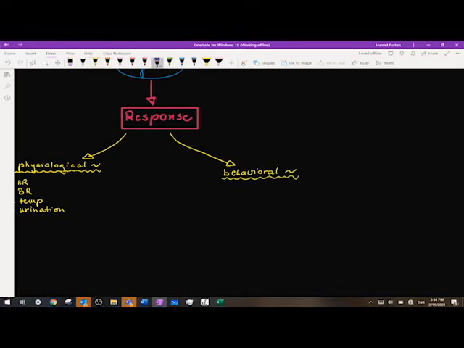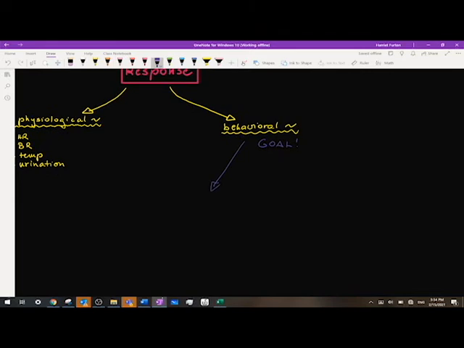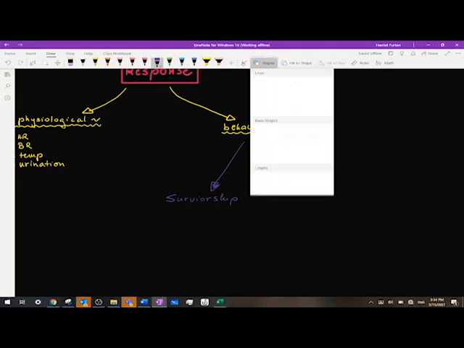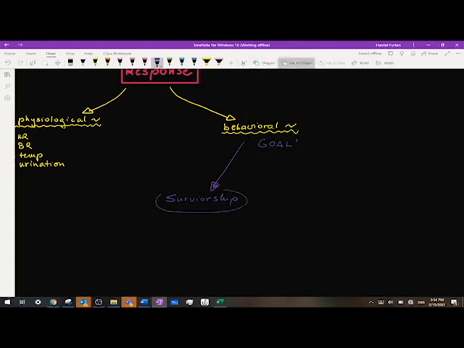towards the stimulus, and the goal of a behavioral response is two-fold. One of them is focusing on the survivorship of the organism or its fitness, with also the physiological responses too.